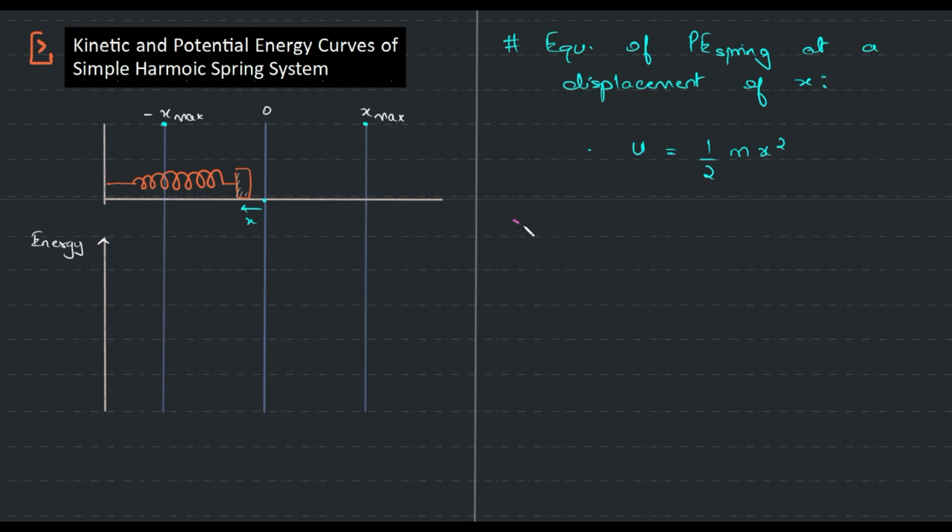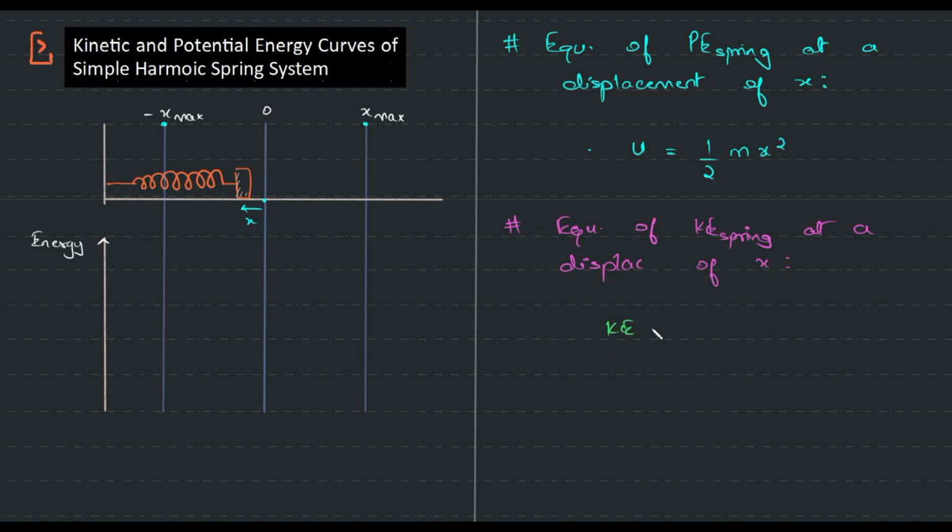And then we have the equation of kinetic energy of a spring system over here at a displacement of x.